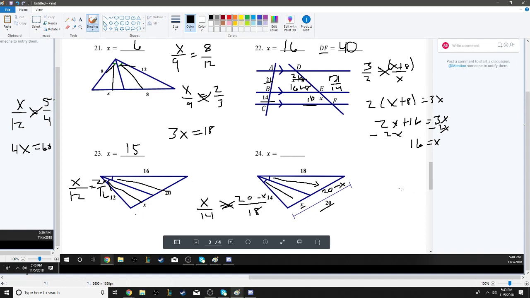Cross multiply. 18x is equal to 14 times 20 minus x. So 18x is equal to 280 minus 14x. Add 14x to both sides.